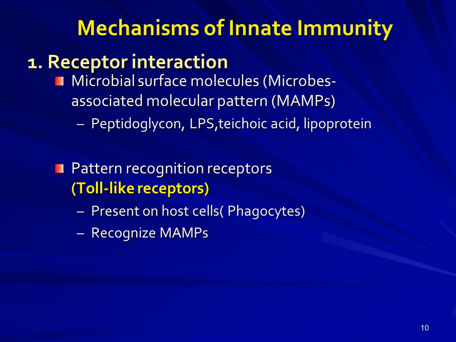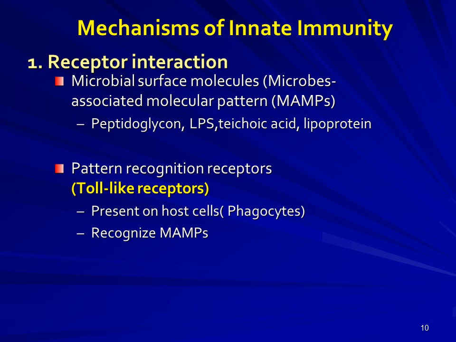That is one type of receptor. Another type of receptors present on host cells are pattern recognition receptors, popularly known as toll-like receptors. These toll-like receptors are present on the surface of the phagocytes, which can recognize microbes associated molecular patterns like peptidoglycan, LPS, teichoic acid, and lipoprotein.